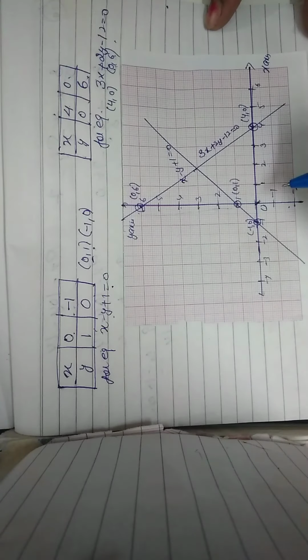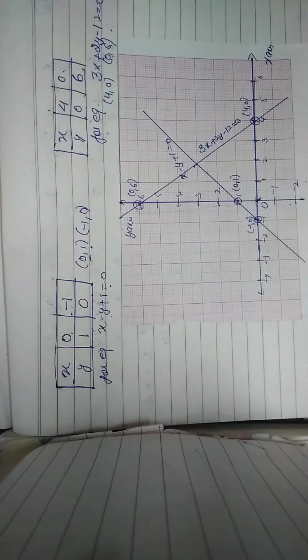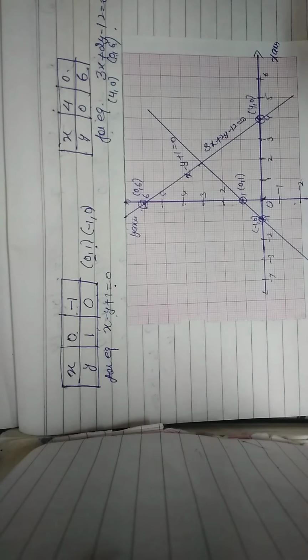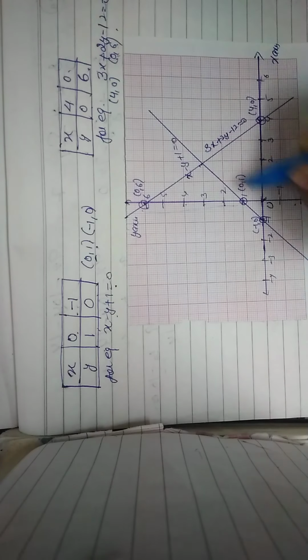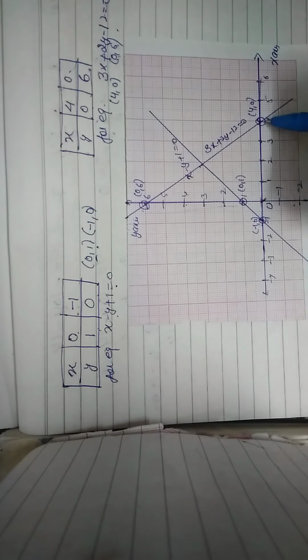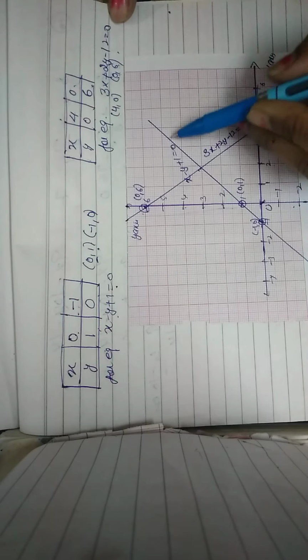Now in the question, firstly we are asked to draw the graph of these equations, then find the coordinates of the vertices of the triangle formed by these lines. The graph of these equations is this.